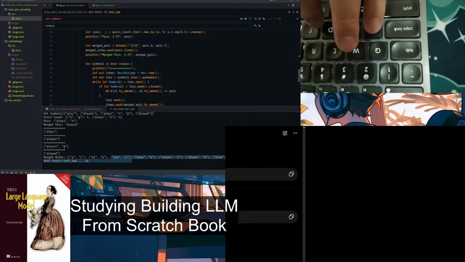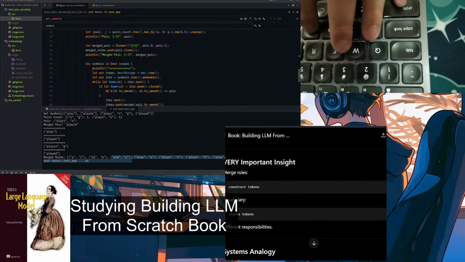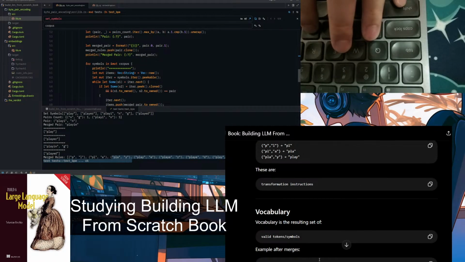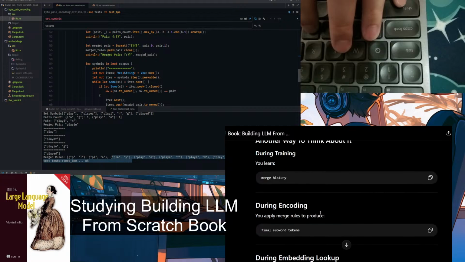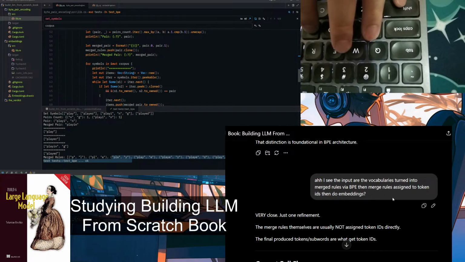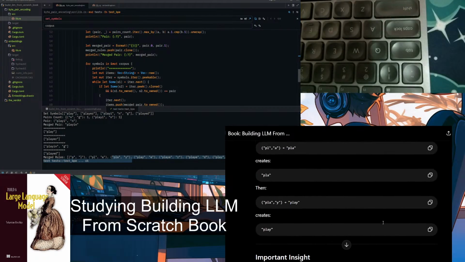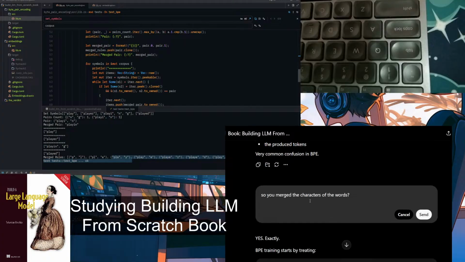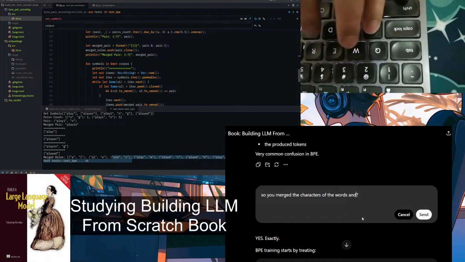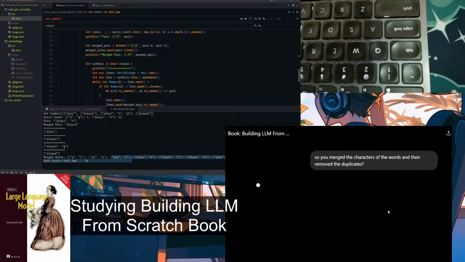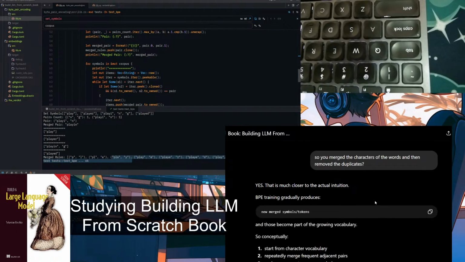Oops, what happened? Nalipat ko sa iba. So one input lang pa talaga. So that's much closer to actual intuition. BPE training gadget.